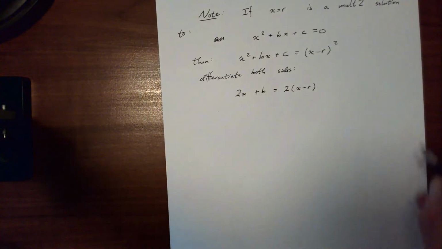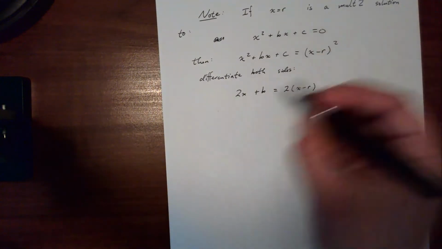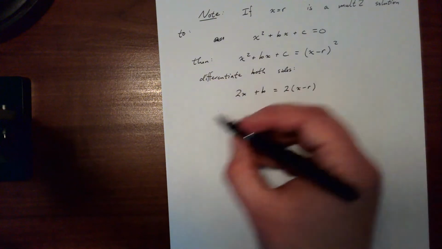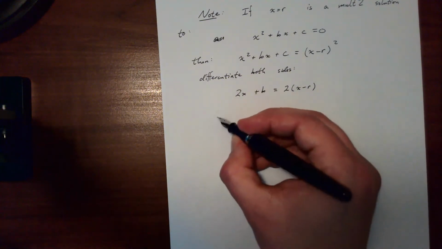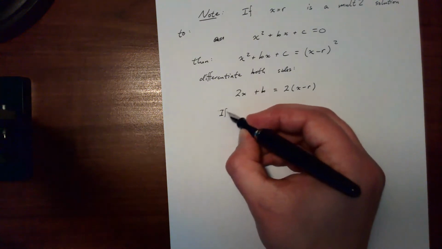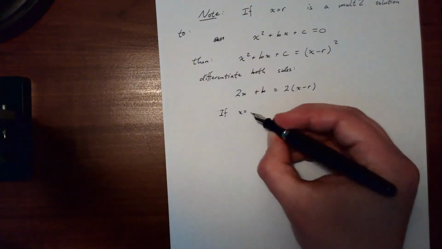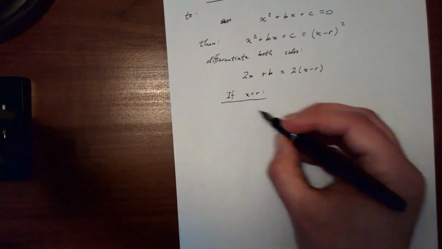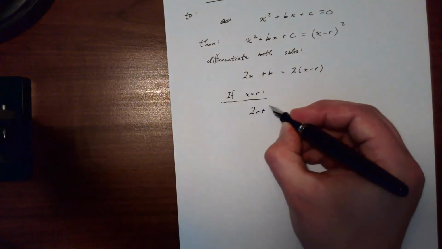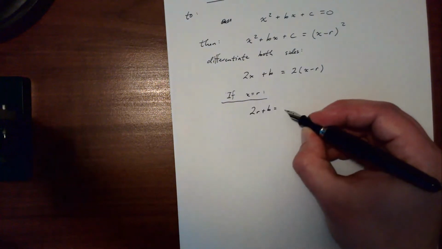All right. So then if I plug in x equals r, that'll give me 2r plus b is equal to 0.